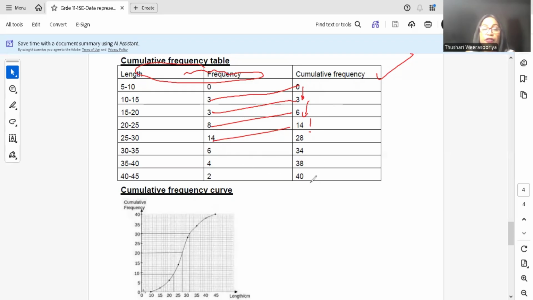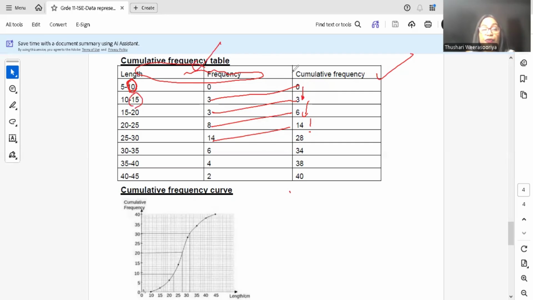Likewise, you write the cumulative frequencies and draw the graph. For this, you have to have a graph sheet. Don't draw on normal square ruled paper. Draw the graph on a graph sheet. Then how do you mark the points? Keep in mind, the starting point is 10, not 5. 10, 0. 15, 3.